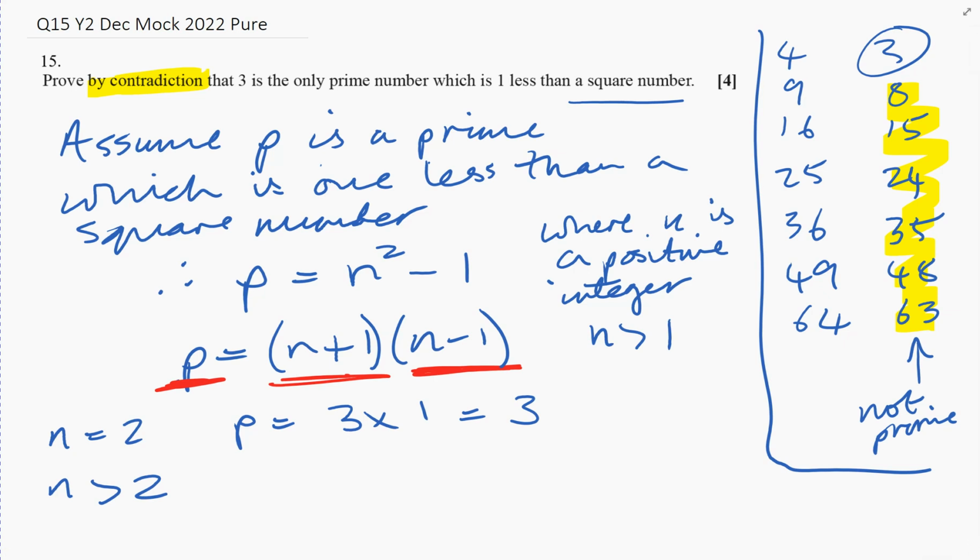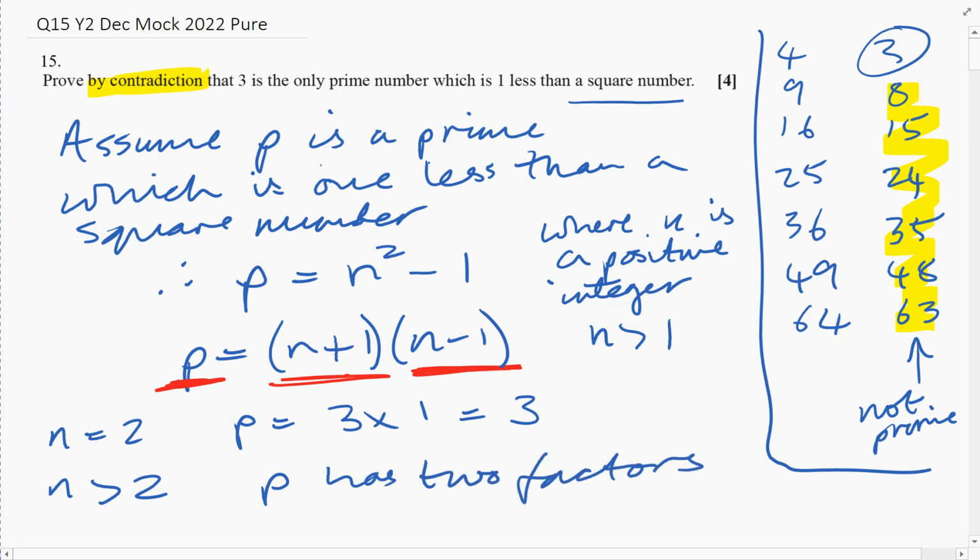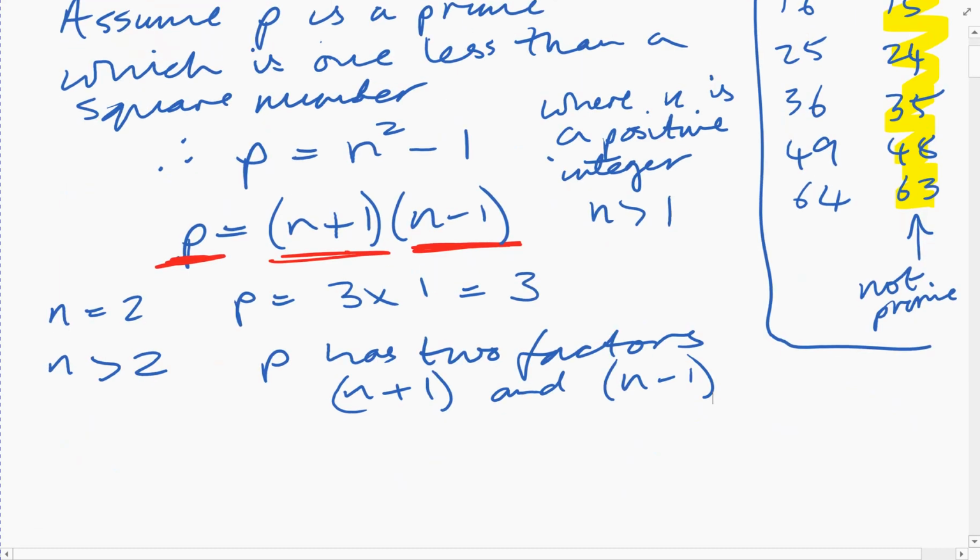So to write this down, when n is greater than 2, P has two factors, which are n plus 1 and n minus 1. And since n is greater than 2, these are both greater than 1.